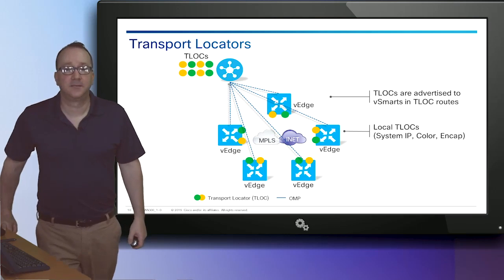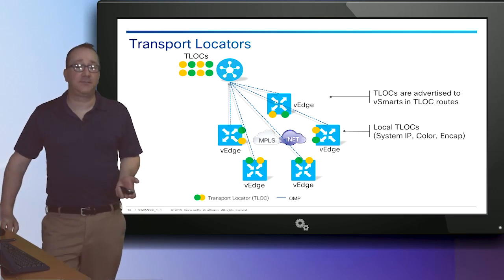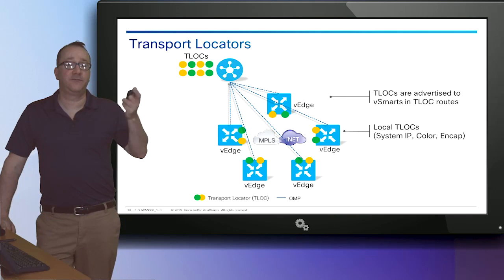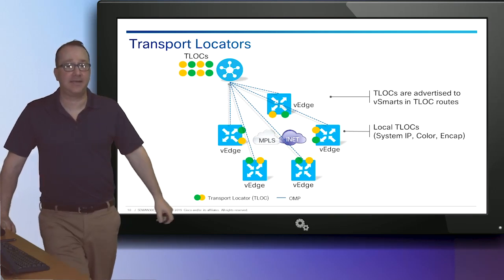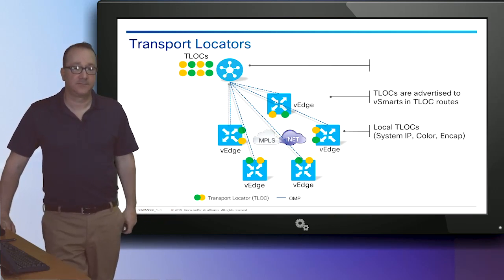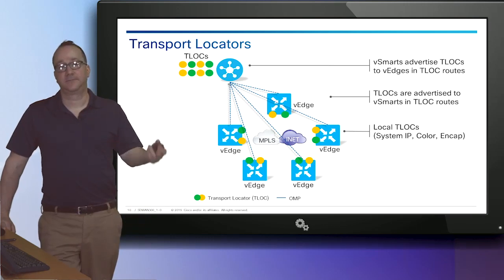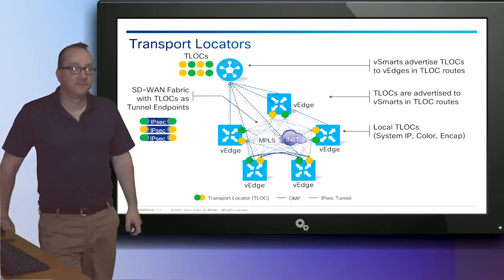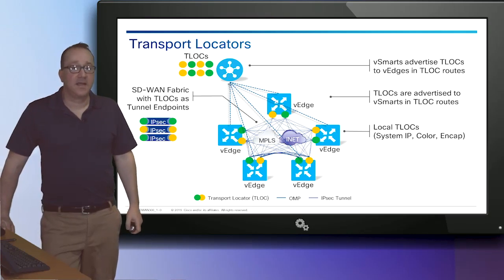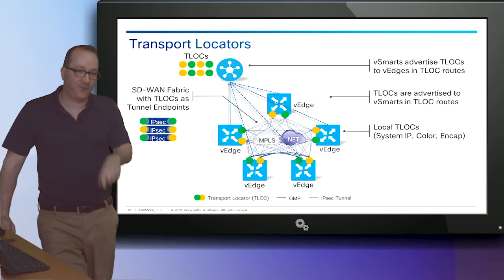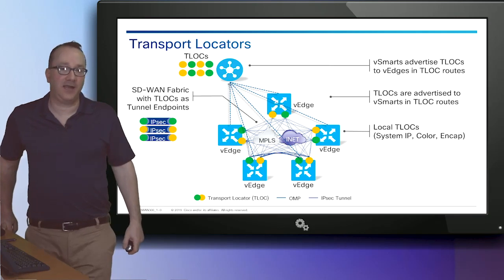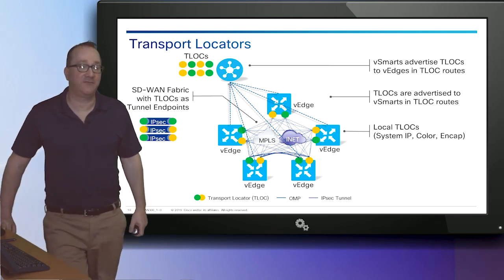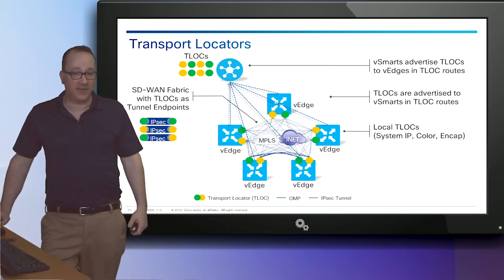Okay? And remember, we advertise these TLOCs to the vSmart, and then the vSmart sends them back down to all the vEdges. All right. By the way, just to give you an idea, there's that full mesh environment that we would have had to create manually if we didn't have the vSmarts managing all the vEdge connectivity.